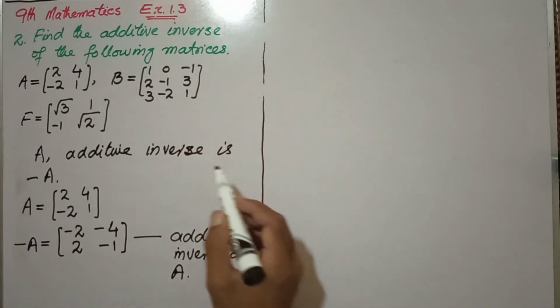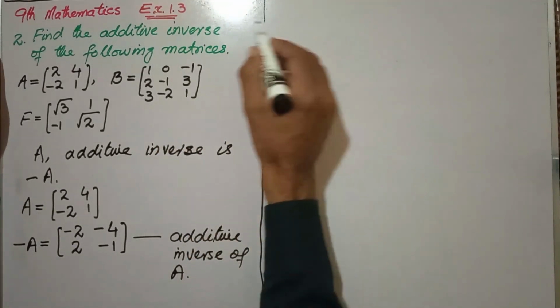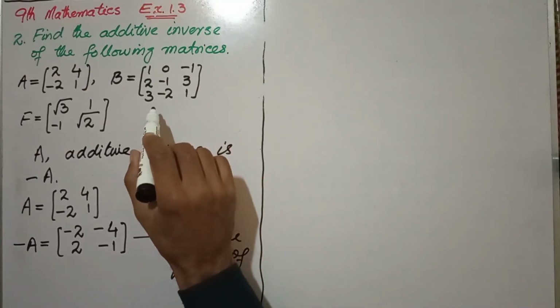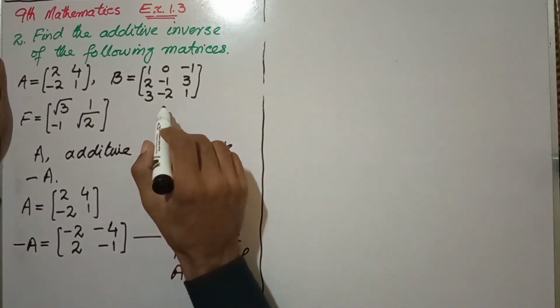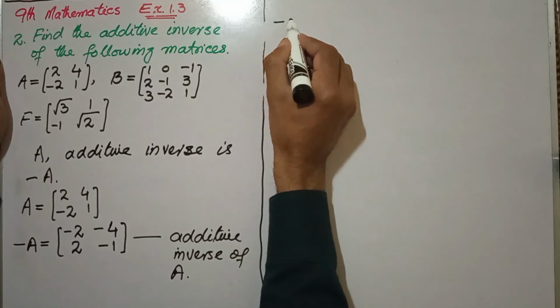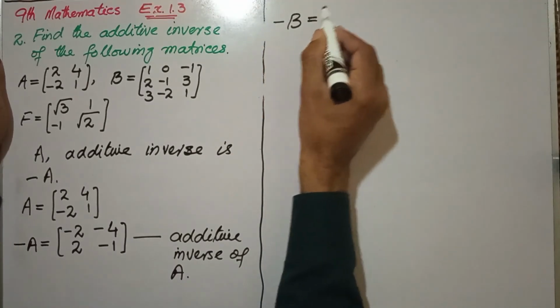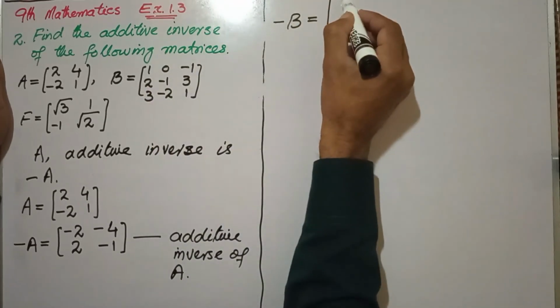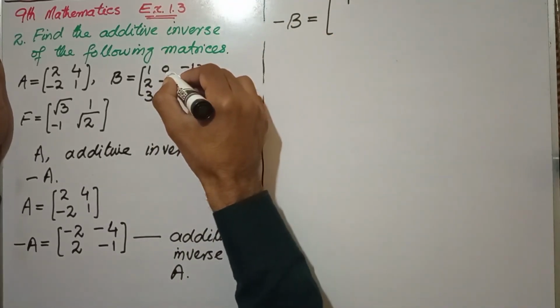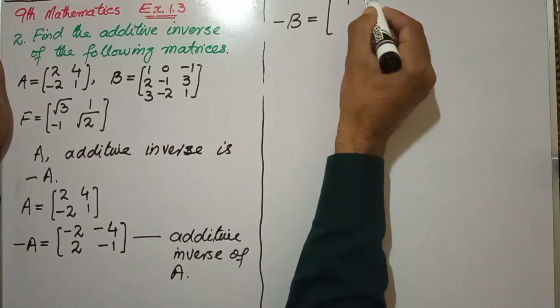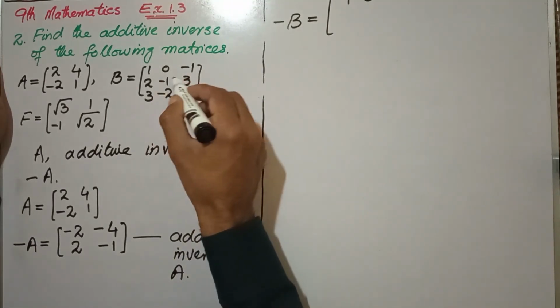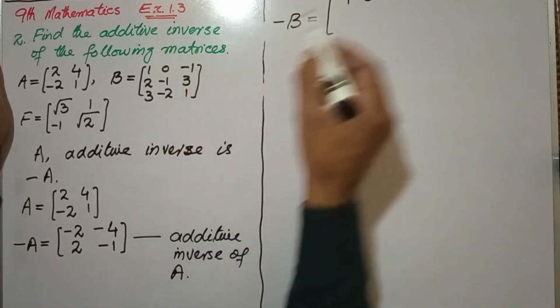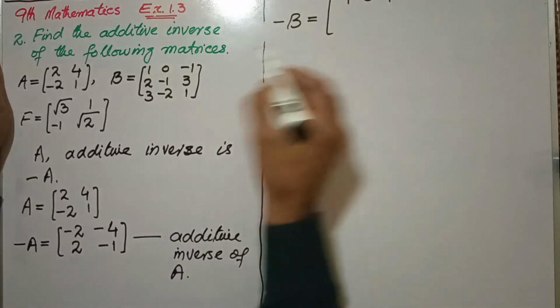Similarly, if you want to find the additive inverse of the matrix B, then we multiply the matrix B by negative 1. 1 becomes negative 1. 0 multiplied by negative 1 is 0. Anything multiplied by 0 becomes 0. Then negative 1 into negative 1 becomes positive 1.